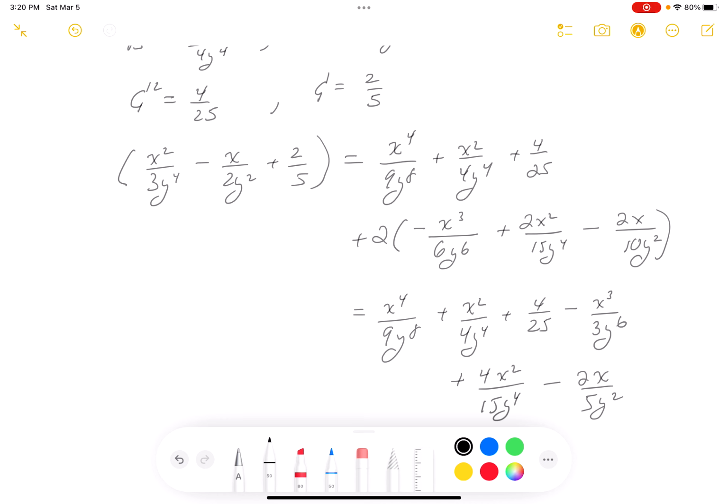What I'm going to look now is back at the radicand, and I want to see if that's the radicand. If it is, I'm done. What's the radicand? Well, it's going to be x^4 over 9y^8. I see that. Do I see minus x cubed over 3y^6? I see that. Do I see 31x squared? Well, you know what? I didn't add them together, did I?